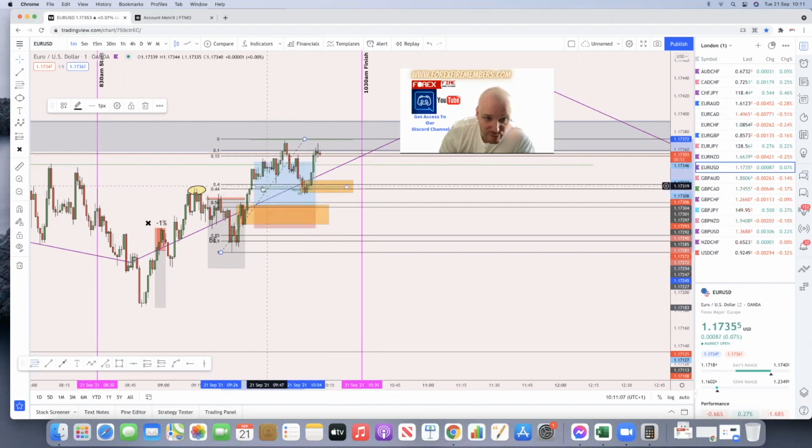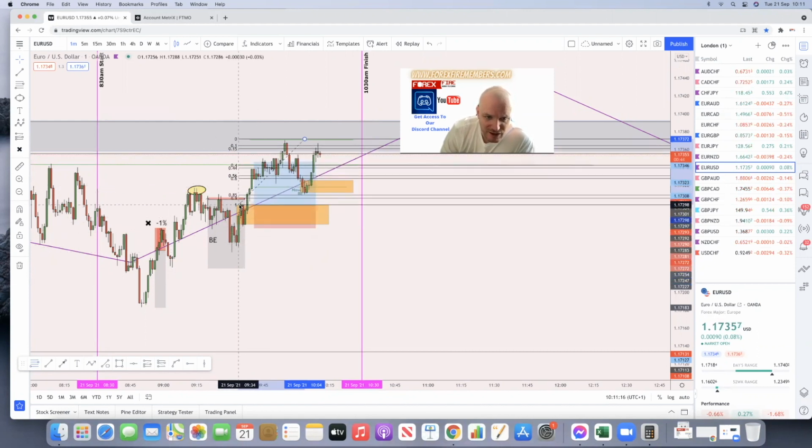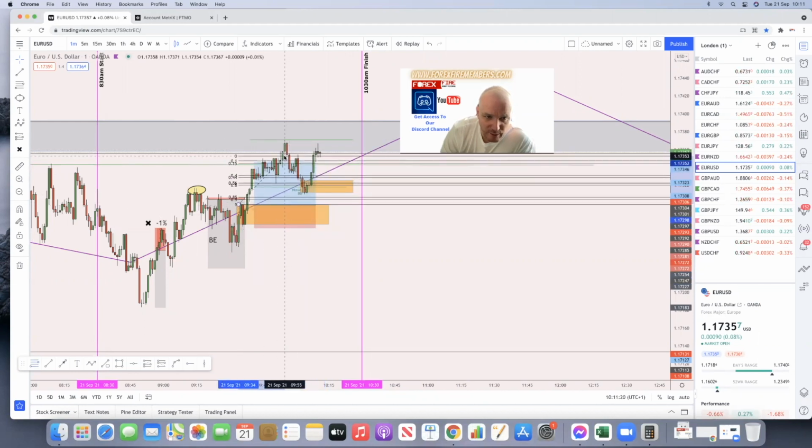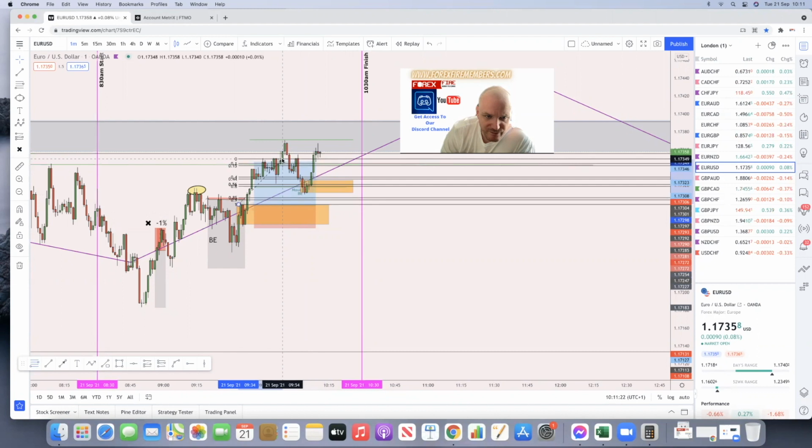Again, look at where my break even is. We've got 3 or 4 confluence areas here. So we've got the break even, which is the move to break even, which was that swing point there. Okay, you can see the move to break evens there.